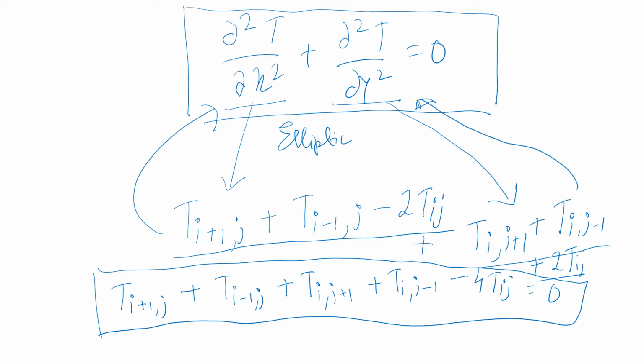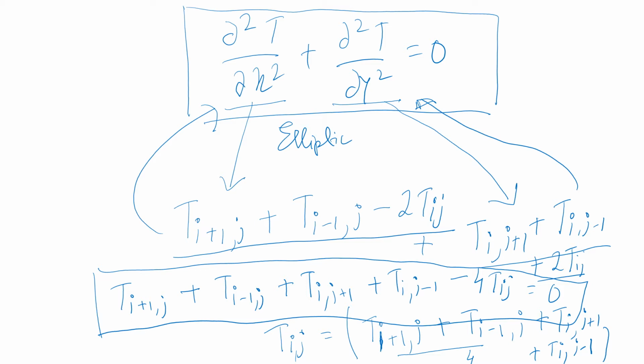And then you can write that T subscript ij is equal to Ti plus 1j plus Ti minus 1j plus Ti comma j plus 1 plus Ti comma j minus 1, whole divided by 4.